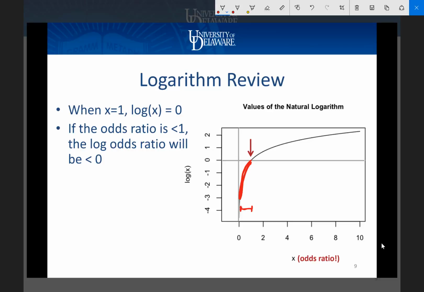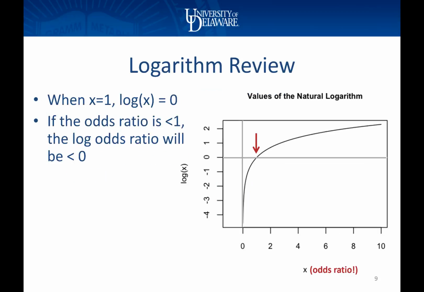So x, the odds ratio, is between 0 and 1, and we see that we have values between 0 and negative infinity when that's the case. It would mean that p, the probability of success, is less than the probability of failure because the odds ratio is less than 1. So if the probability of success is smaller than the probability of failure, then we'll have a log odds ratio that is negative.